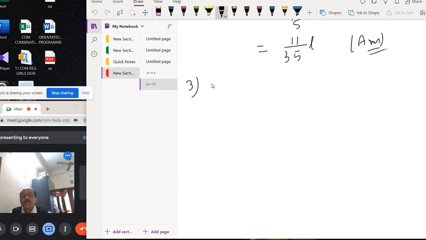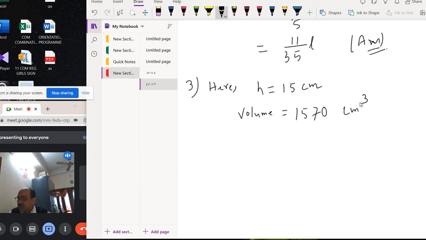Here height equal to 15 centimeter and volume equal to 1570 centimeter cube. We have to find the radius.